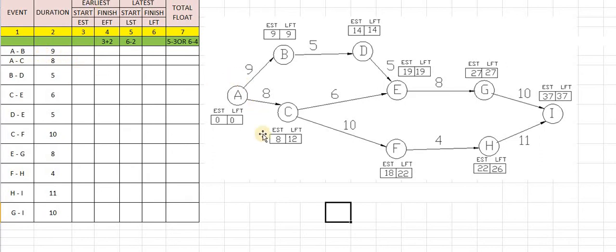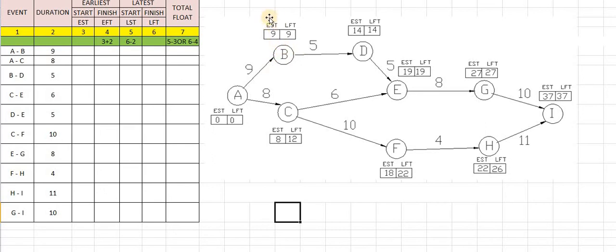Okay. So first, while feeding the data as EST and LFT, we will first feed the data for EST, that is the earliest starting time. One thing to be kept in mind for feeding the earliest starting time: suppose we are taking the event A to B. A to B means B is the next event.